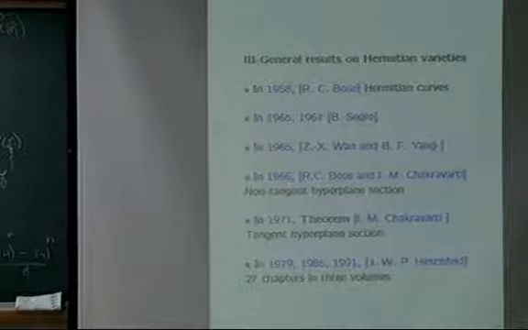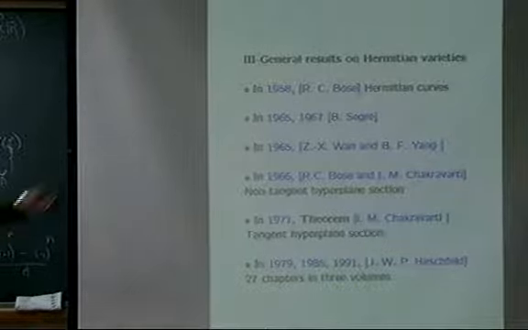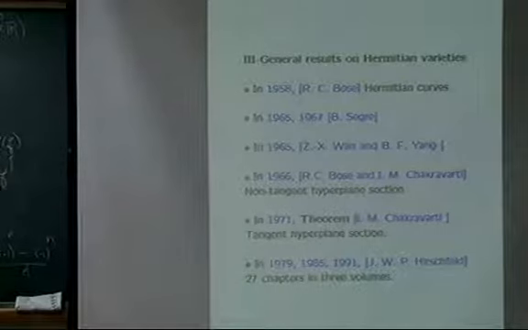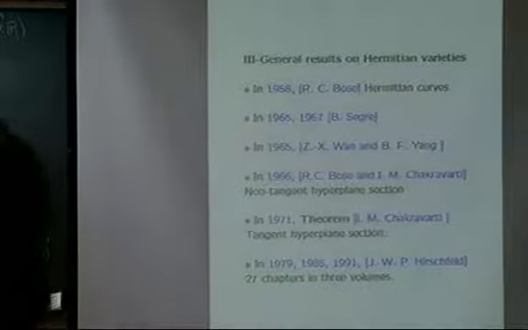We also have some results on Hermitian varieties. In this paper they study Hermitian curves, and in these books or papers they also study Hermitian varieties. I want to define Hermitian.